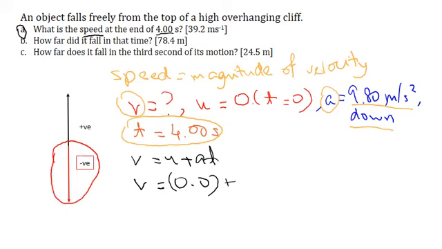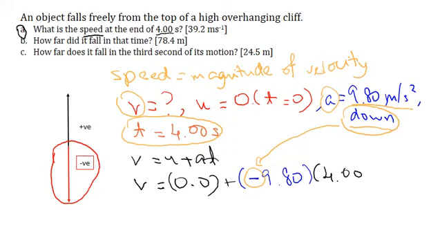So what it means is, when I substitute the value of 9.80 into the equation, I must assign a minus sign. This minus sign is because the direction of the gravitational acceleration is downwards, and I'm taking any vector downwards to be negative. Then what I have to do is put in a value of 4.00.